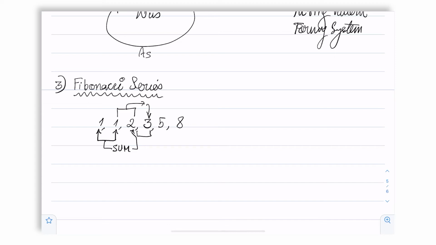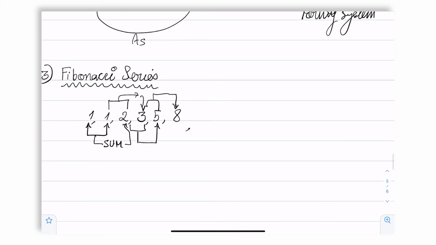Now I take these two values, sum them and put it here, and so on and so forth. And I can write this series a bit more. 13, 21, 34, 55, 89, 144, and so on and so forth.